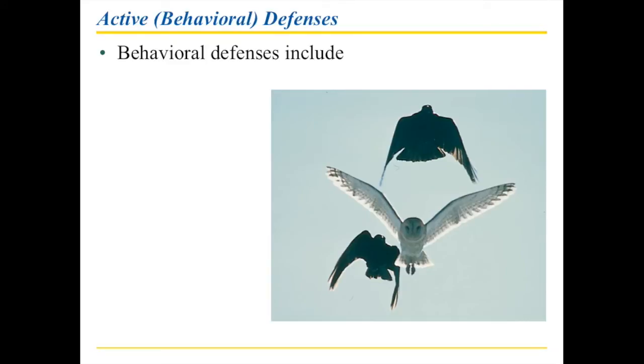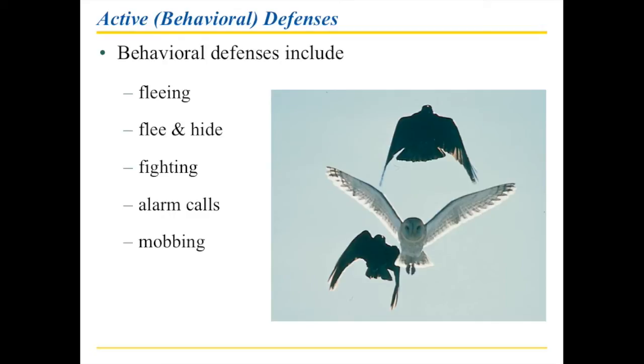But there are also a lot of active defenses, including behavioral ones, such as running away, obviously, fleeing and hiding. So not just running, but also actually running into something, a burrow, for example. Fighting back. Alarm calls. This is very effective when you have a population that needs to be warned.